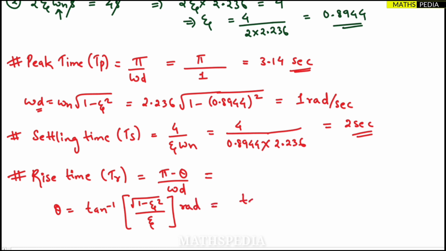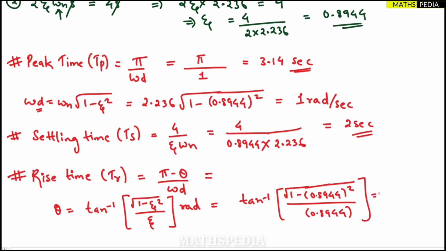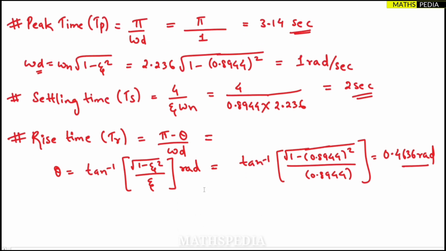Now you have to substitute the value: tan inverse of square root of 1 minus 0.8944 square divided by zeta, zeta value again 0.8944. So just substitute this, take tan inverse, and you will be getting theta value as 0.4636 radian. Units are very important, you have to write units.